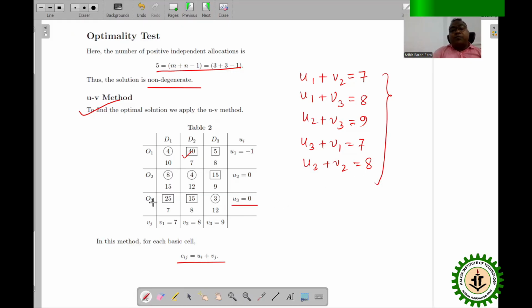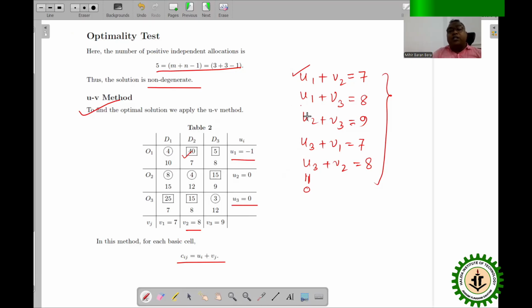As you have seen that the maximum allocation is in the third row, you have chosen U3 equals 0. Putting U3 equals 0, you get V2 equals 8. Then using this relation, you get U1 equals minus 1.